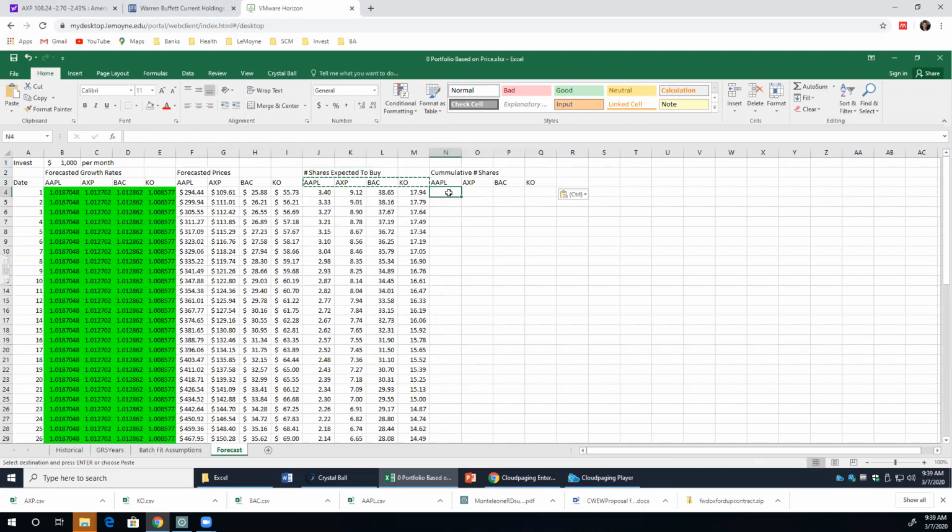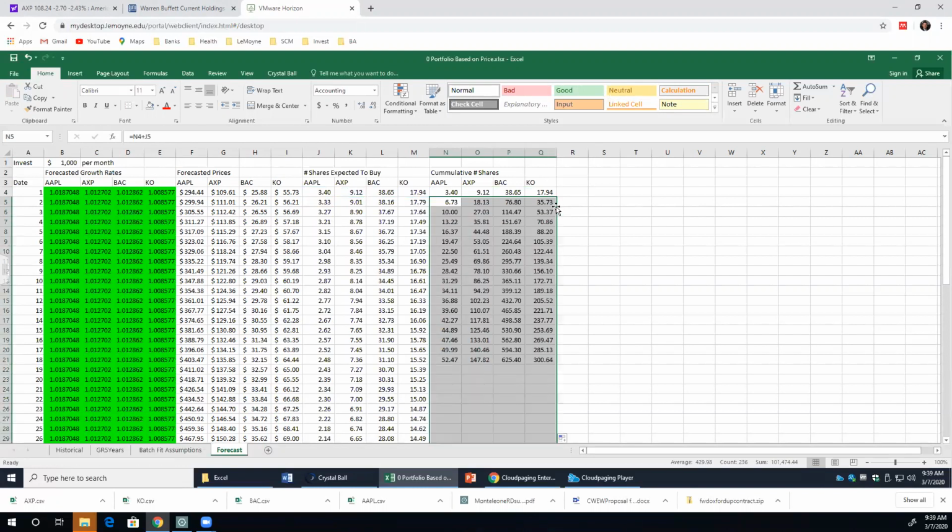So in the first month, I will have this many shares of Apple, 3.4, and I can do the same thing for the other 3 companies. But then I need to look at my previous balance, number of shares, plus new shares coming in in a given month. So I can drag this one right down corner, double click, so you can see the number of shares cumulatively here.